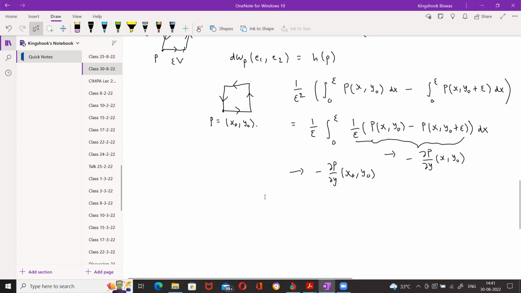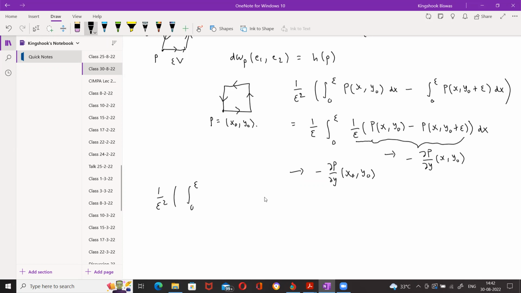And similarly, what will be the contribution from the other two sides? It's going to be 1 over epsilon squared, integral 0 to epsilon of q. Along the vertical sides, p dx will be 0, because the change in the x coordinate is 0. So the dx term will vanish, and you'll just get dy here. I'll get this side with a plus sign and this with a minus.